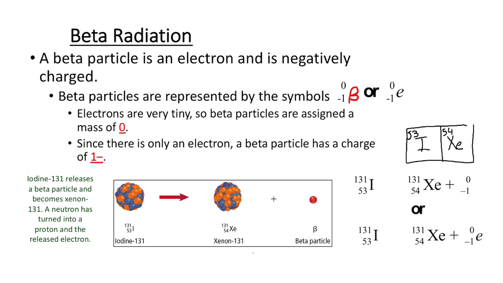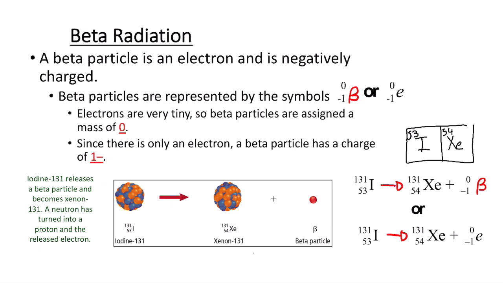So let's break this down into an equation here. So just like before, we have our two types of equations, one which uses the beta symbol, one that uses the electron symbol. Both of them will tell us the same thing. So iodine 131 has an atomic number of 53, so this is what tells us we have iodine.